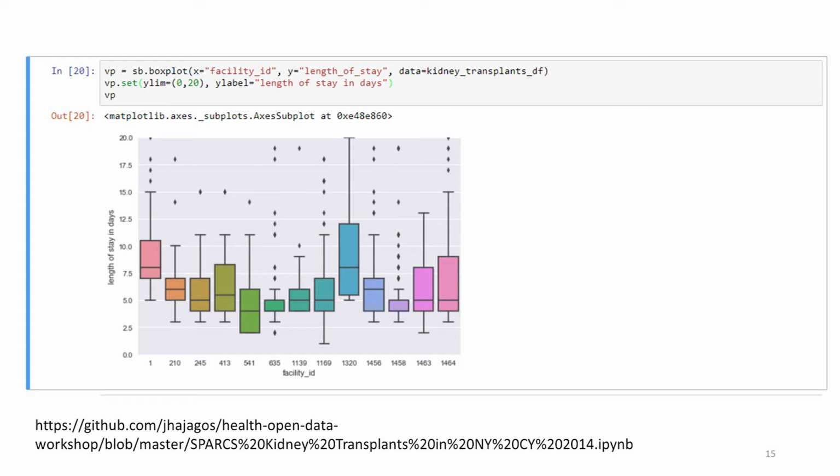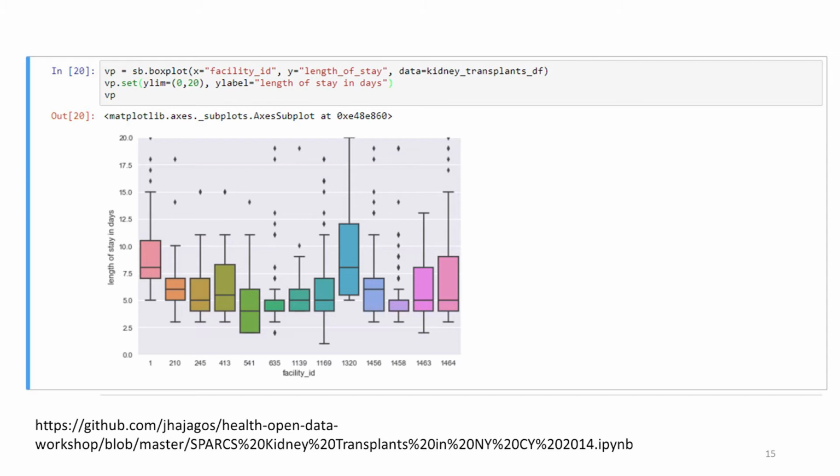And this is looking at the length of stay. Length of stay is a good metric, correlated with quality of care. If you're more efficient, fewer things go wrong, and the patient should stay a shorter time in the hospital. So it's a good metric for quality of care. In detail, it could be more complicated because the patient can come in with comorbidities.